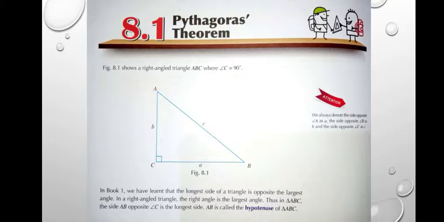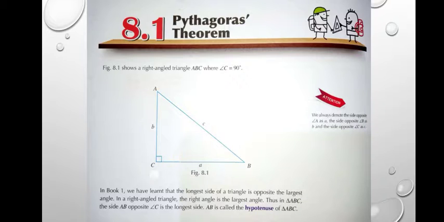Now, we have learned that the longest side of a triangle is opposite the largest angle. In a right angle triangle, the right angle is the largest angle. So how is that possible? Because the total angle of a triangle is always 180.